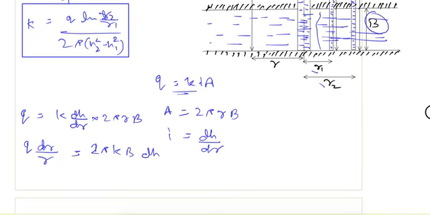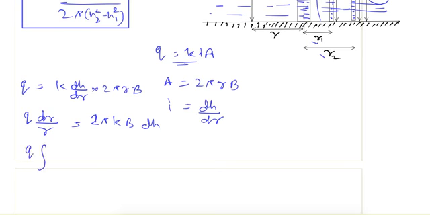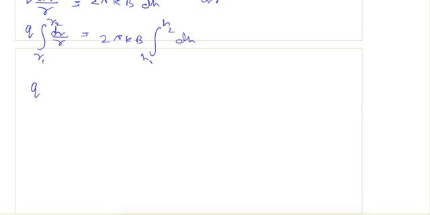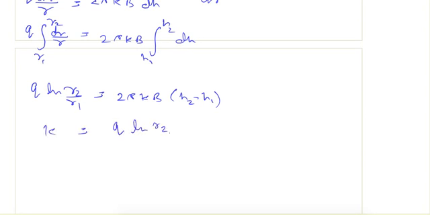If we integrate it from h1 to h2, with corresponding limits r1 to r2, we get Q ln r2 by r1 is equal to 2 pi K B (h2 minus h1). From here K is equal to Q ln r2 by r1 divided by 2 pi B (h2 minus h1).